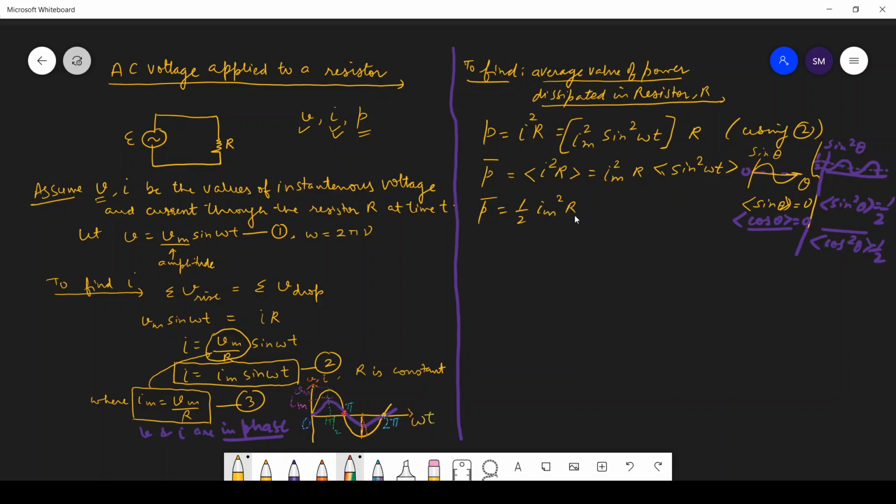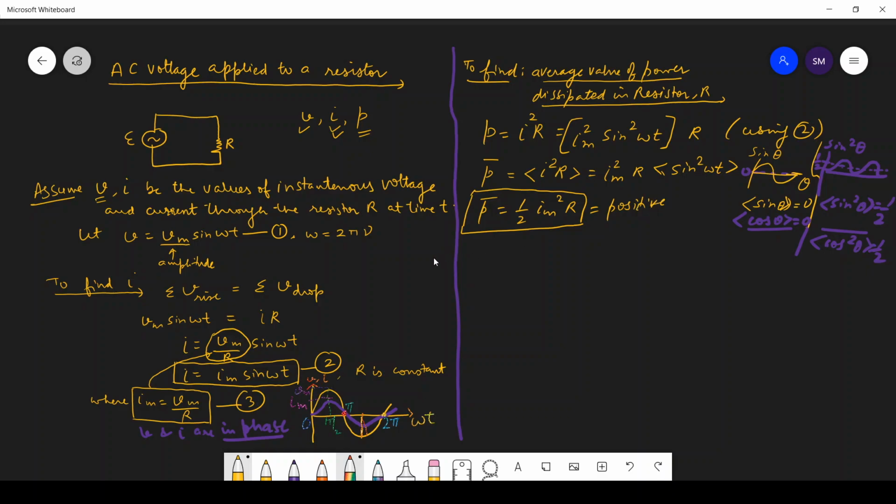So this is the average power dissipated in the resistor R over a cycle. And obviously this is a positive quantity, because Im square is positive, and R is also positive.